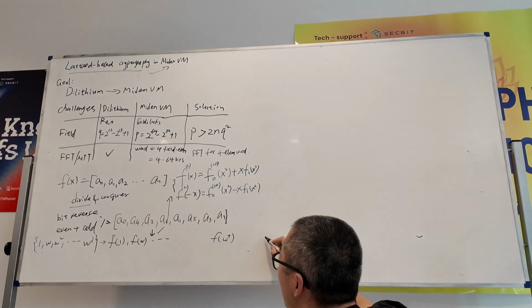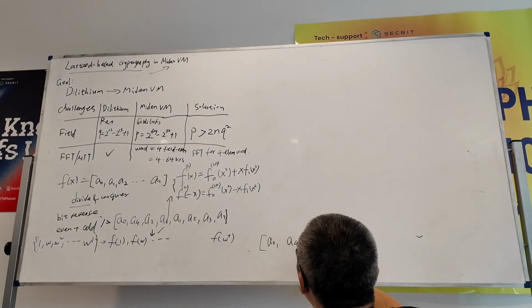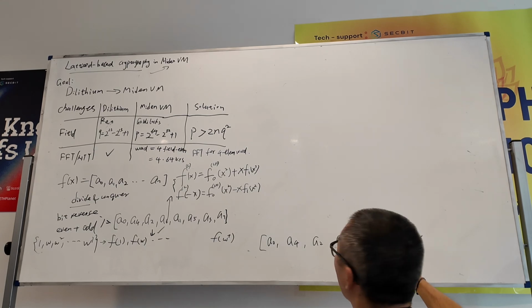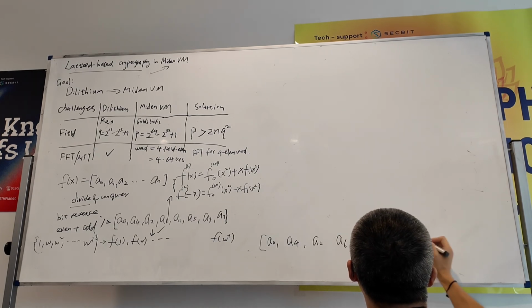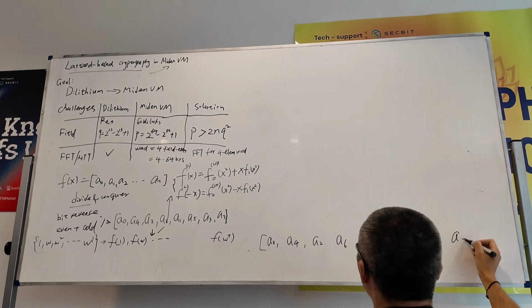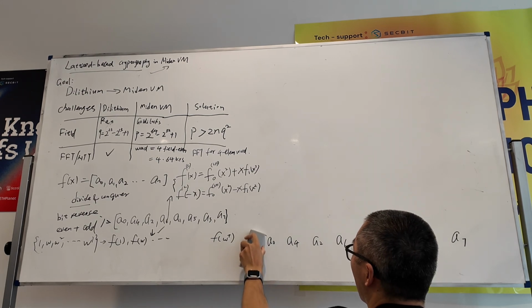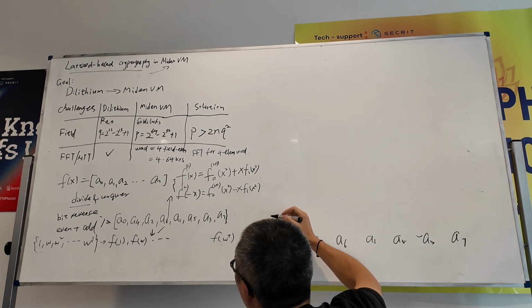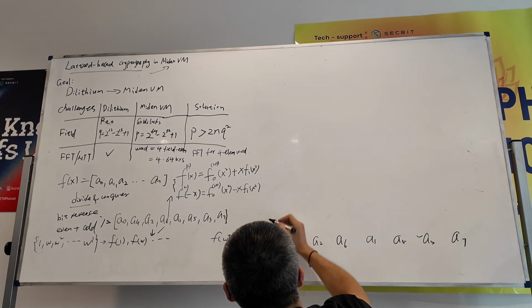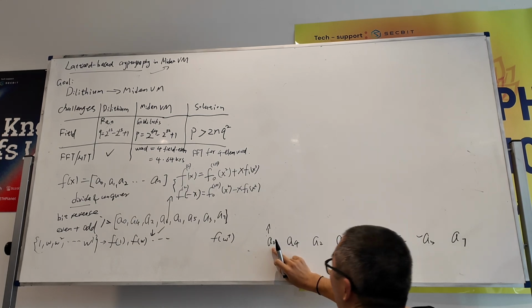Now you have a 6, 8, 4. Okay. So we write down the binary representation of this one.